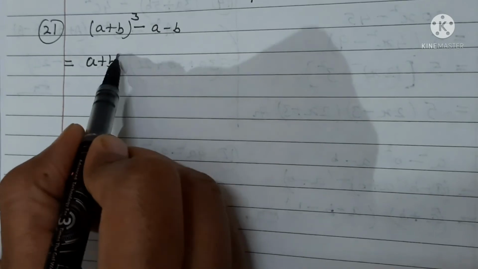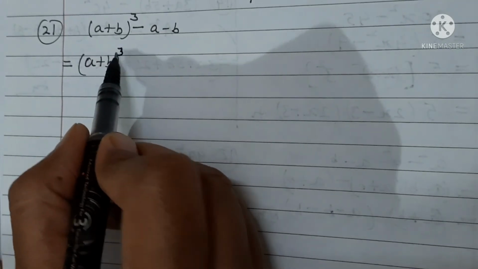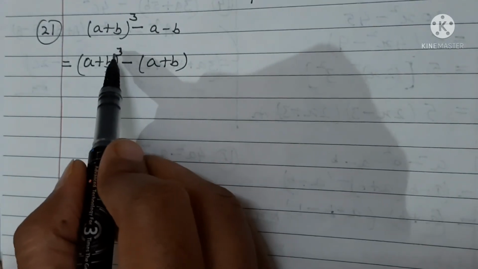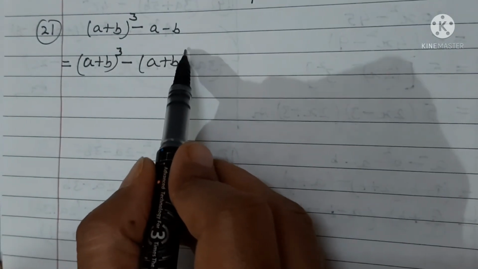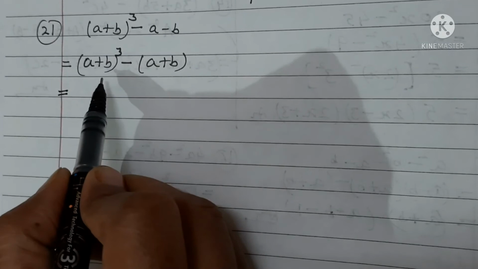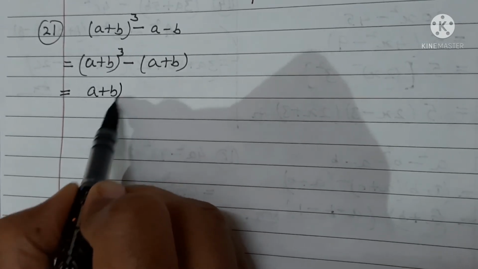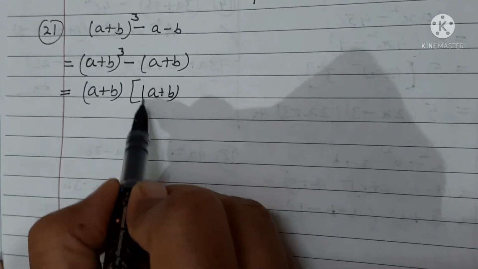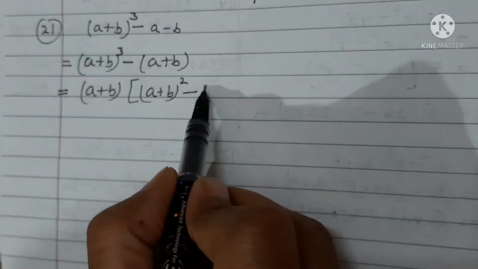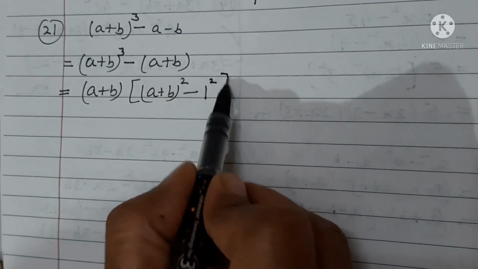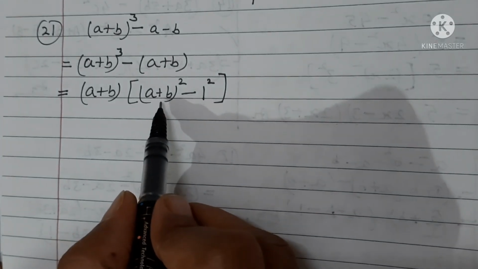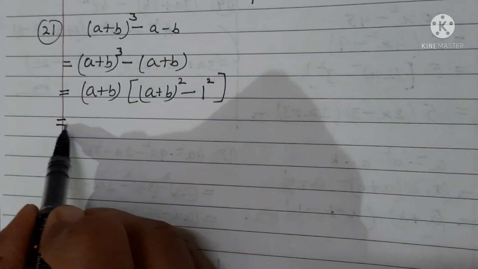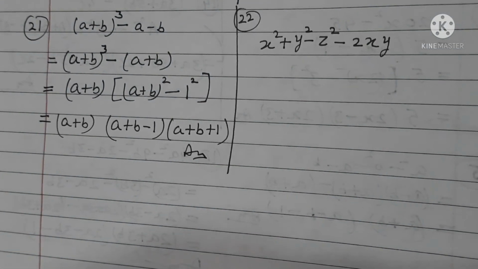A plus b whole cube minus a plus b. This is the power 3 of a plus b, and this is the power 1, so you can take a plus b as common, and in the bracket a plus b whole square minus 1, and you can write it as 1 square, and use the identity a square minus b square, then solve and get the answer.